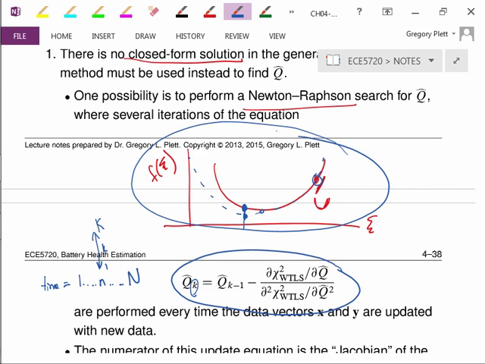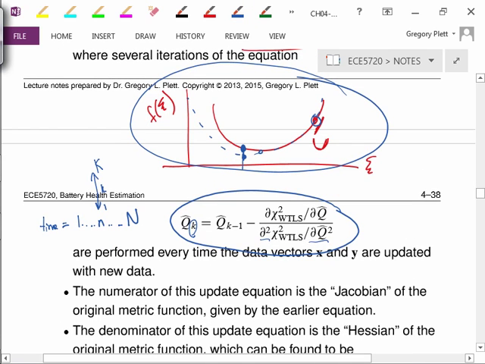So q hat of k is q hat of k minus 1 minus the, be careful, this is the partial of the cost function with respect to q, so that's the gradient, otherwise known as the Jacobian. And the denominator is the second partial derivative, and that's known as the Hessian. So it's the Jacobian divided by the Hessian, or the first derivative divided by the second derivative.